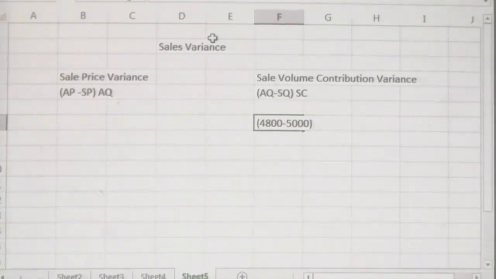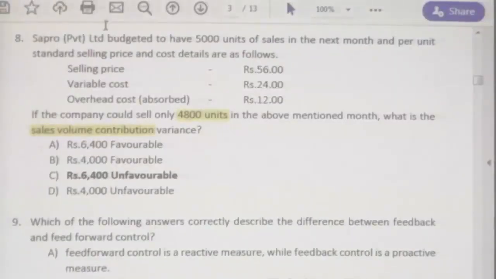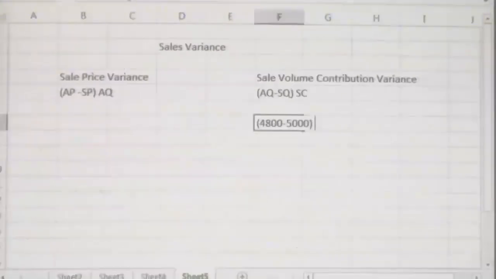Now you need the standard contribution. Let's see the standard contribution. Selling price 56, variable overhead 24, overhead absorbed 12. Now they are asking for sales volume contribution. I have told you to take the standard contribution here.